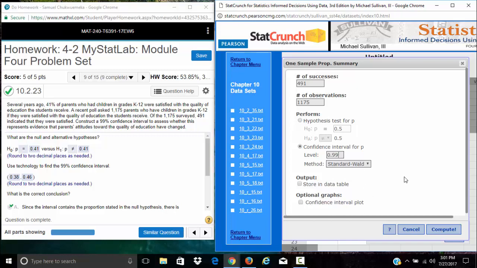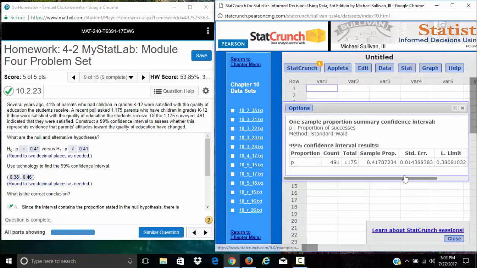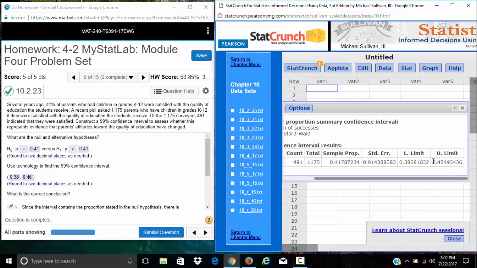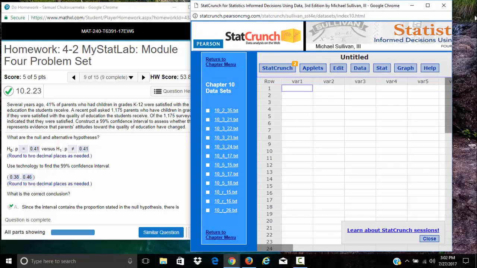Leave it as standard wald and compute. And you will now see this, the lower limit 0.38 and the upper limit 0.46. So that is how you do it with Statcrunch.